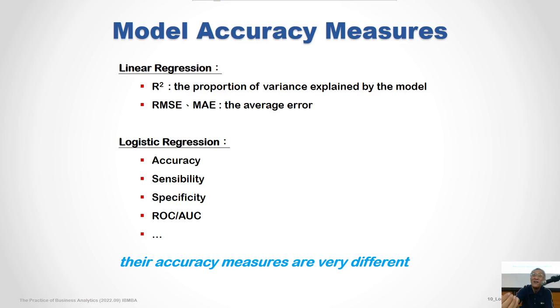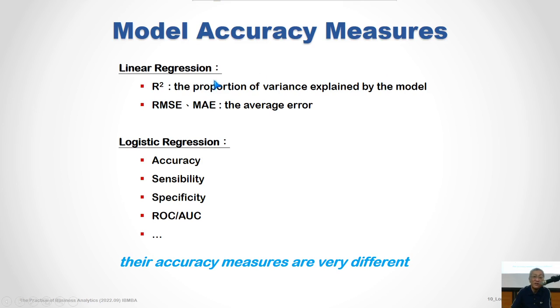Which means that compared to predicting y simply by using the average of y, using this model can resolve 60% of the error. That is one way of measuring the accuracy of a linear model.